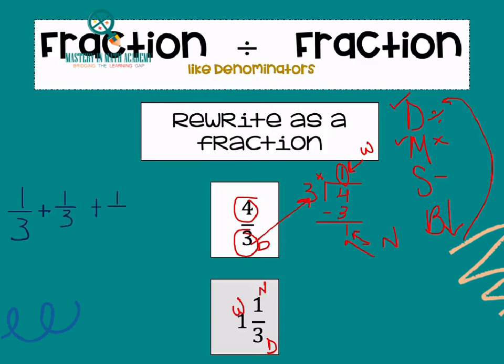You have 1/3 plus 1/3 plus 1/3 plus 1/3. Add all of these and you can see that it's equal to our 4/3, because 1 plus 1 is equal to 2, 2 plus 1 is equal to 3, 3 plus 1 is equal to 4. That's 4/3. And then if you take 3 of the 1/3, if you rewrite it, it'll be 3/3.